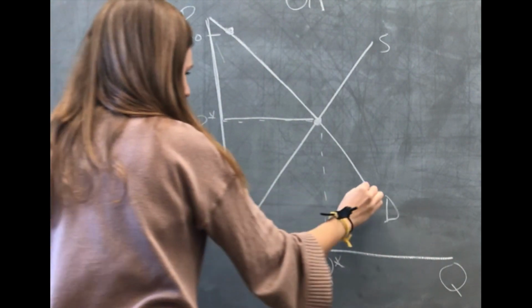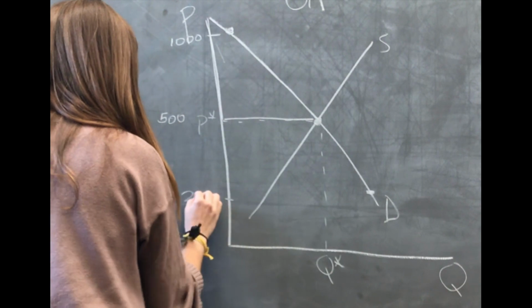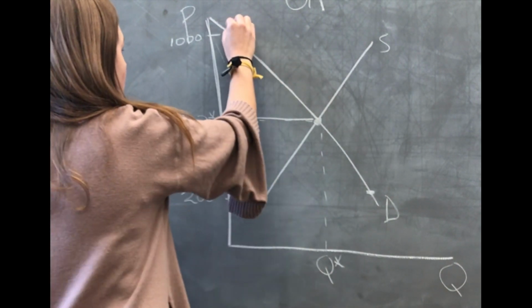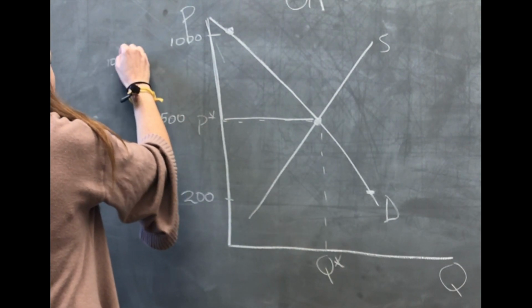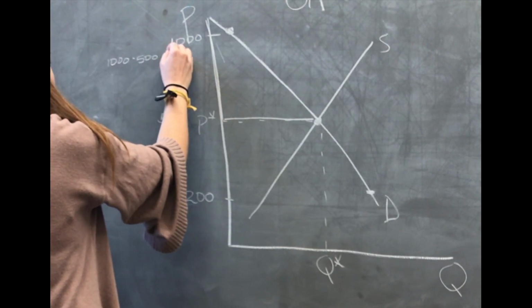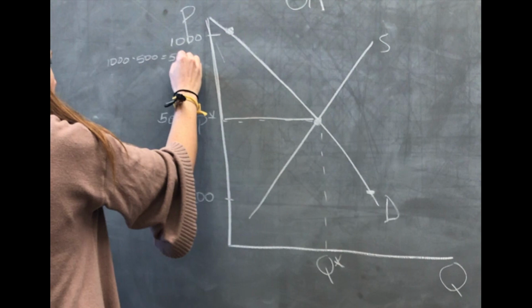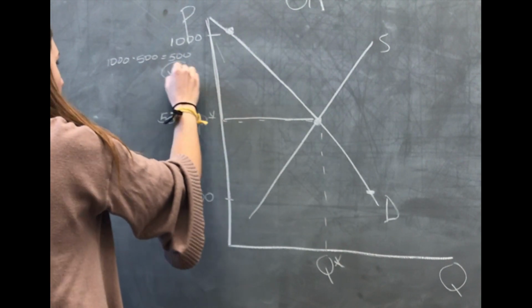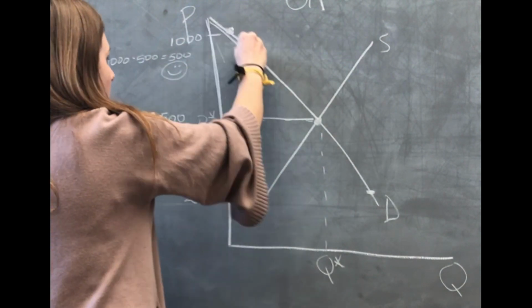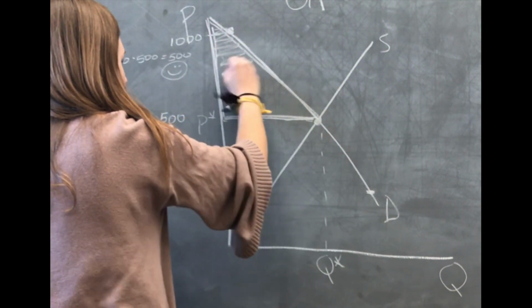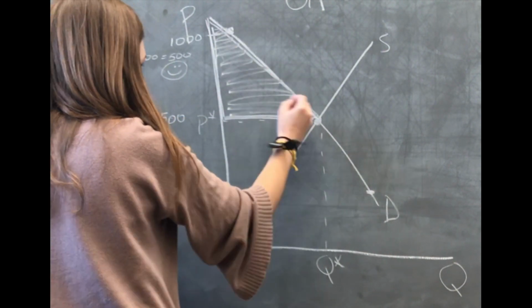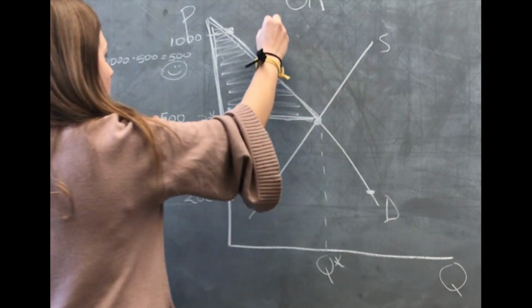So if someone's willing to buy a good at $1,000, but the market price is going to be $500, then they are going to have $500 worth of surplus, okay? Meaning that they thought they were going to have to pay $1,000, but they ended up paying $500. Between equilibrium and the demand curve, we call this all consumer surplus. This is when you can shade, and you should shade.